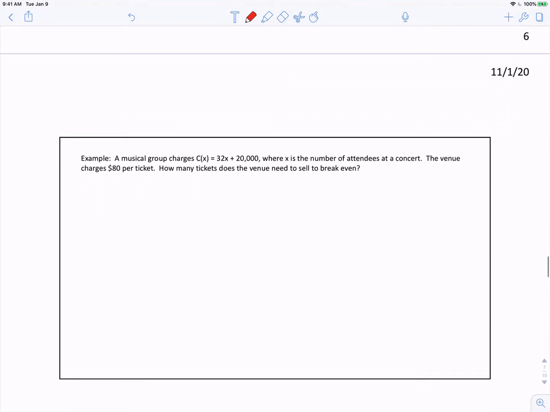A musical group charges, and here's a function for cost, C of x equals 32x plus 20,000, where x is the number of attendees at a concert. The venue charges $80 per ticket. How many tickets does the venue need to sell in order to break even? For me, it's often helpful to think about a picture in my mind about the situation.